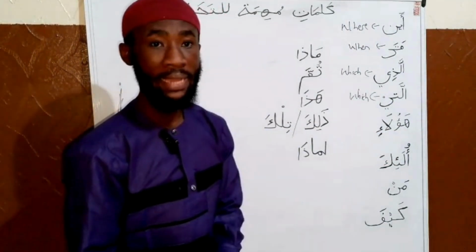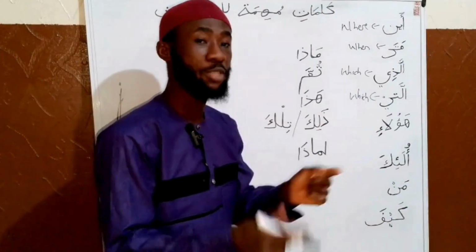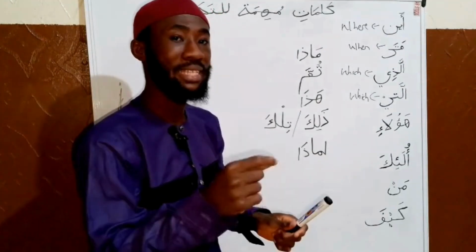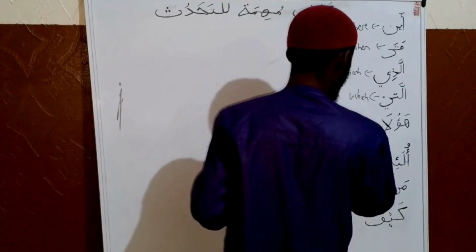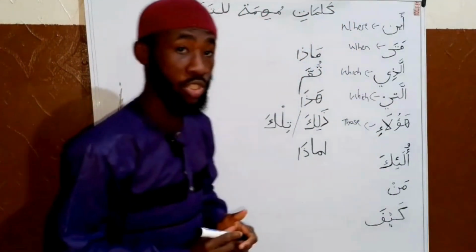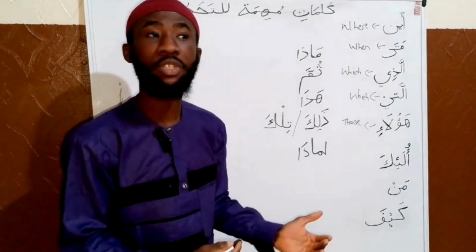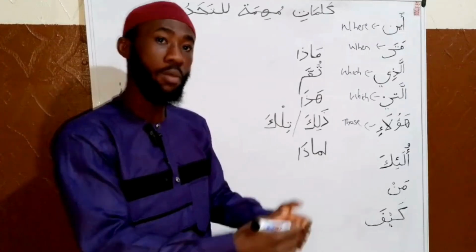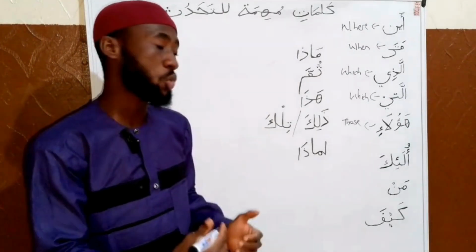Then we have awlai. Awlai means those. That is a demonstrative noun, isharatul lil qarib, for someone or something very near to you.